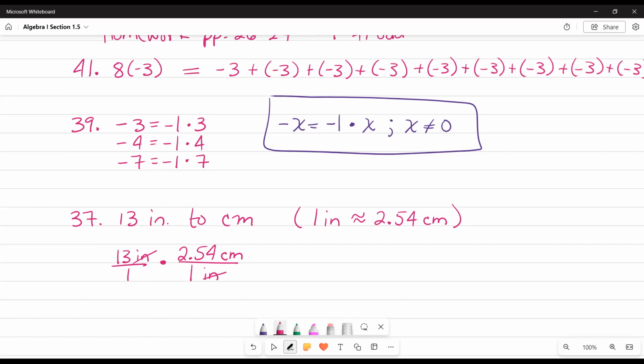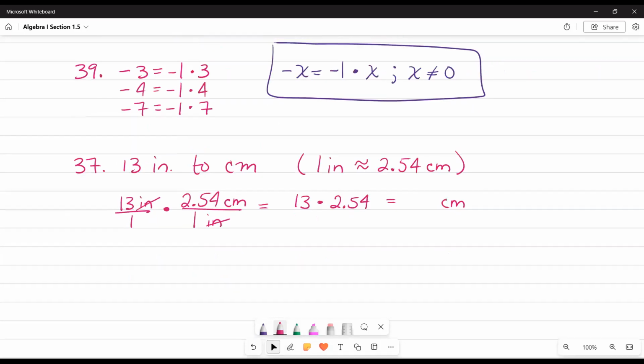So in this case, yes, we multiply, 13 times 2.54. And we're going to have our answer in centimeters. Now, if I had centimeters and was told to convert them to inches, I would have had to divide by 2.54. That's why you write it this way.